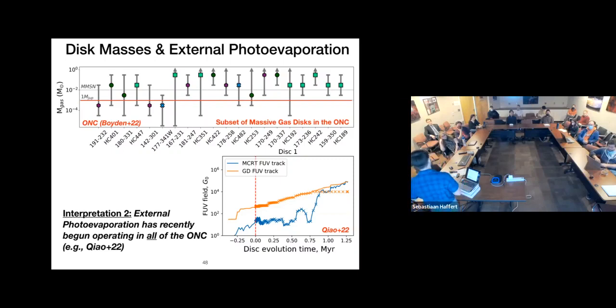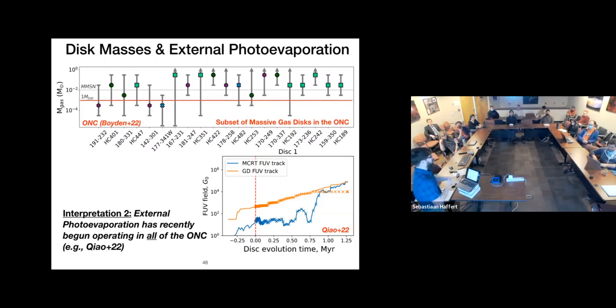And these new simulations underscore how stellar ages are likely to overestimate the actual amount of time in which protoplanetary disks undergo external photoevaporation in young stellar clusters. So if shielding played a very important role in the early evolution of the ONC, this could mean that external photoevaporation turned on like 500,000 years ago instead of 1 million years ago.